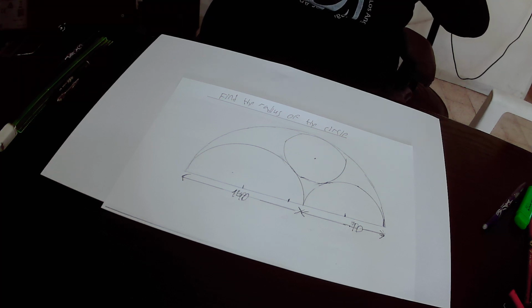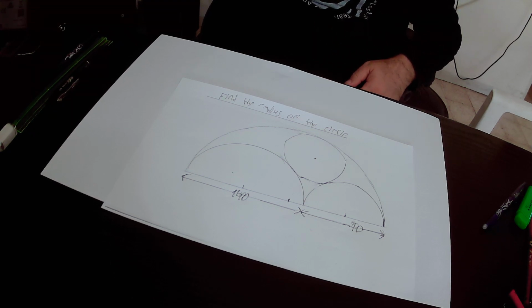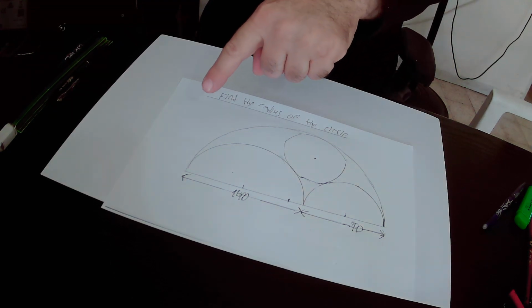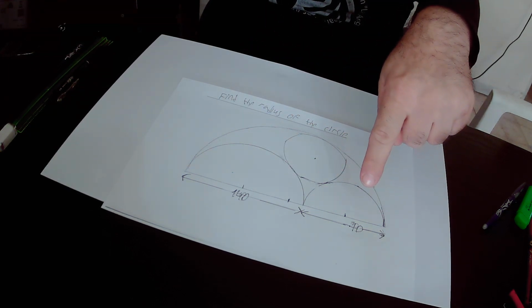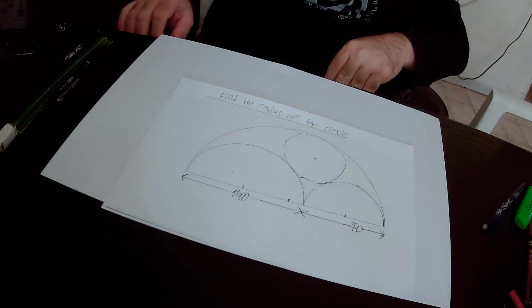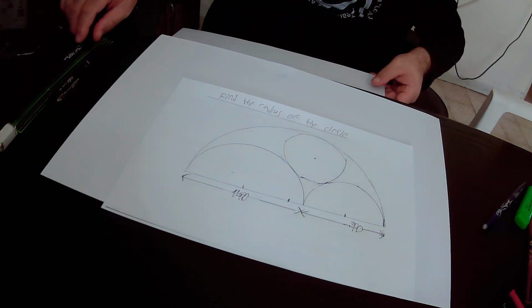Okay, so first of all, we will define the radius of the biggest semicircle as capital R. So I write it down.